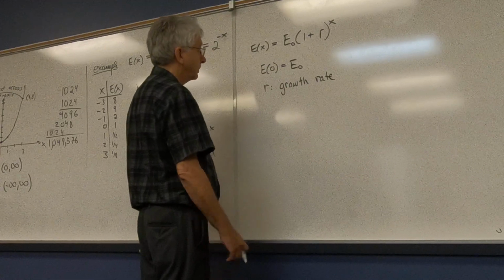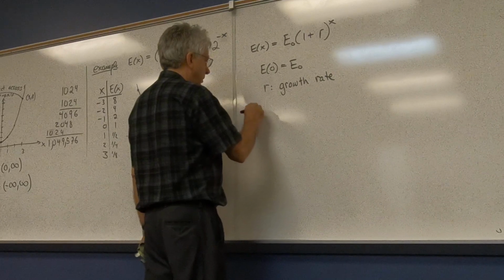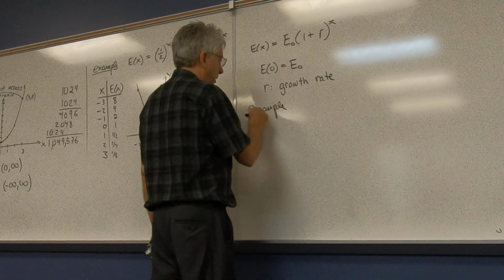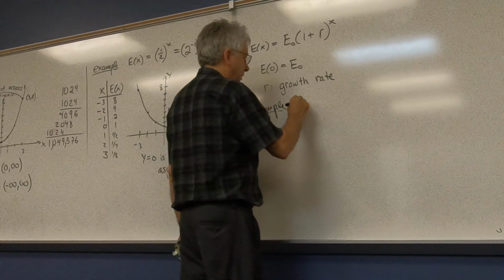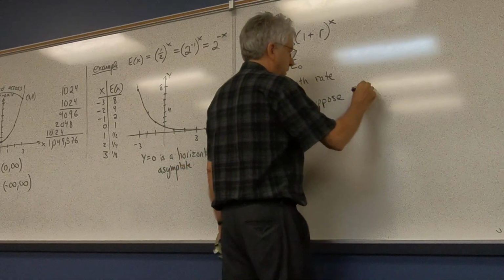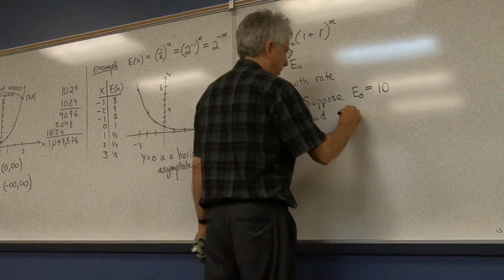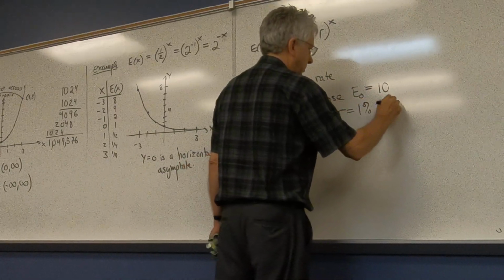So let's suppose that we do have a growth rate of 1%. Here's an example. Suppose E naught is 10 and r equals 1%, which is also written this way.